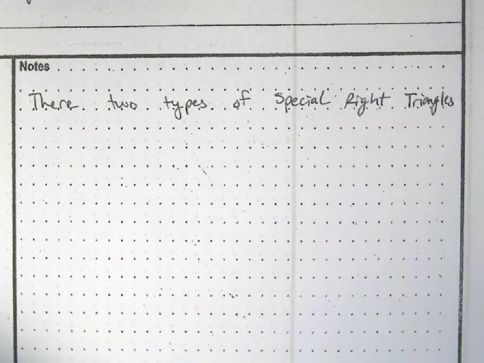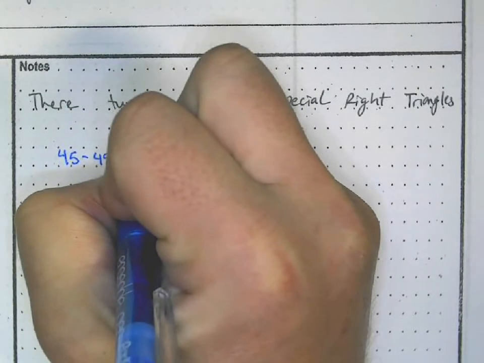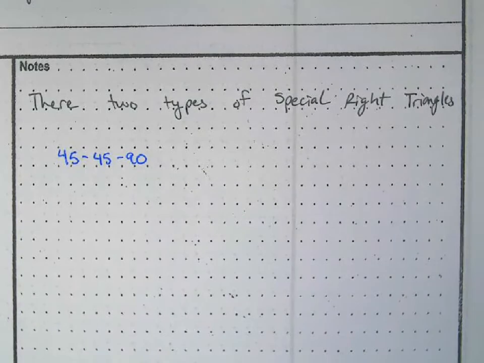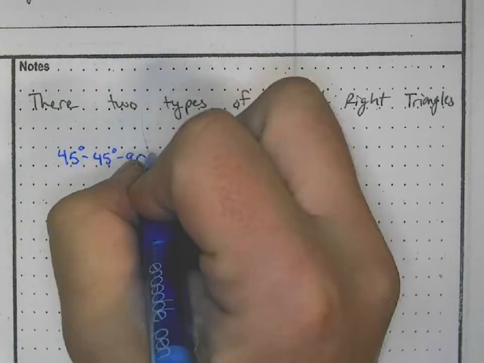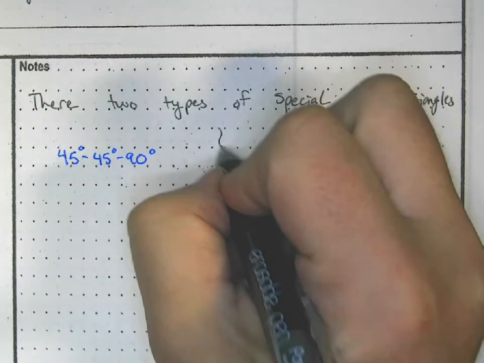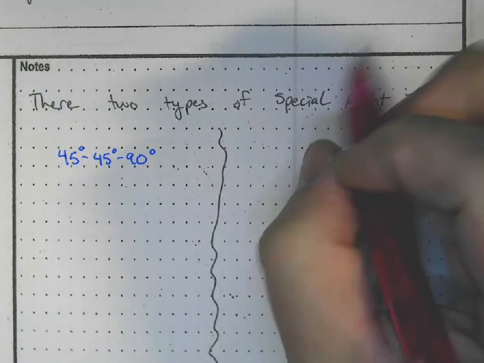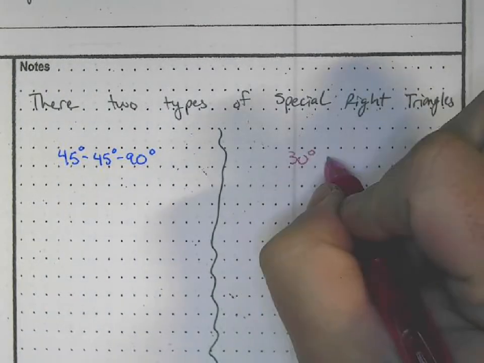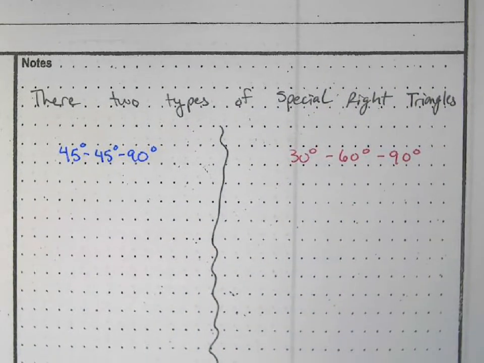We have number one will be our 45, 45, 90. And this is our angle measurement, so degrees. 45 degrees, 45 degrees, 90 degrees. And then over here, we'll do our 30 degree, 60 degree, 90 degree. So the 30, 60, 90.